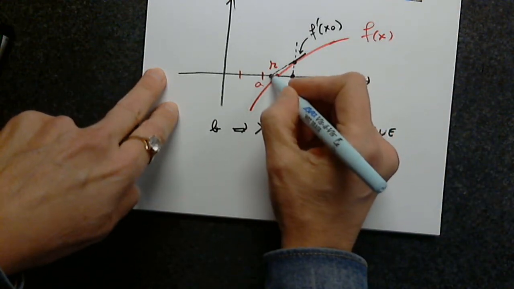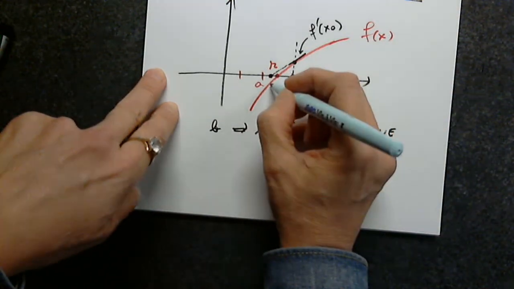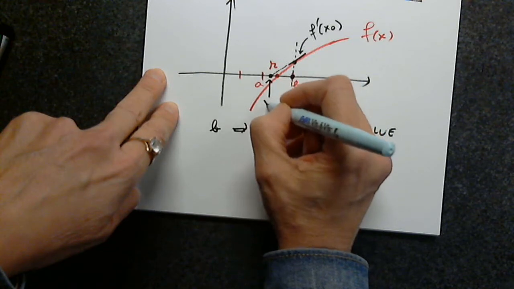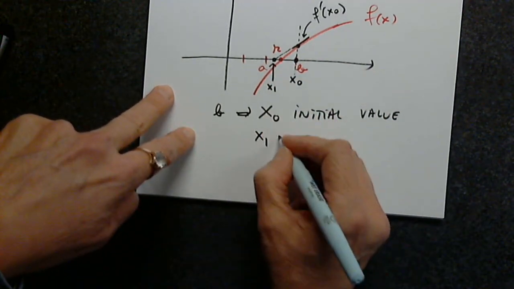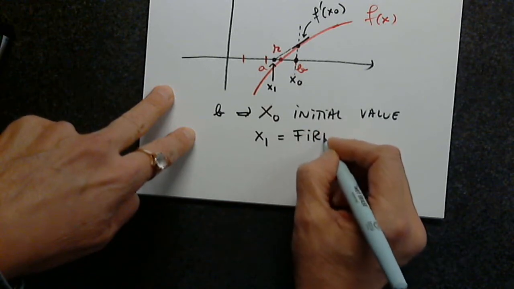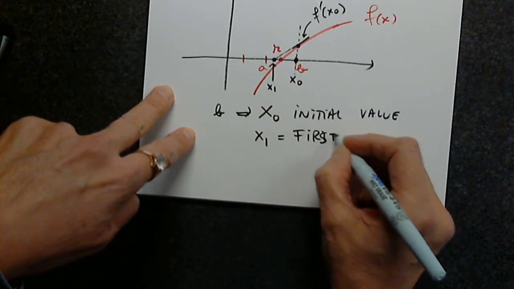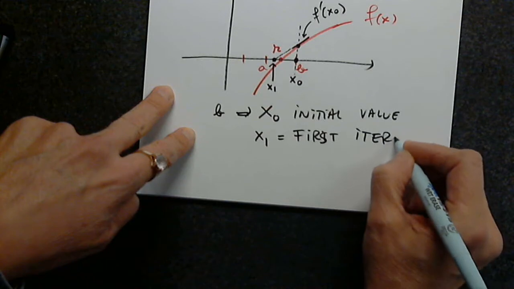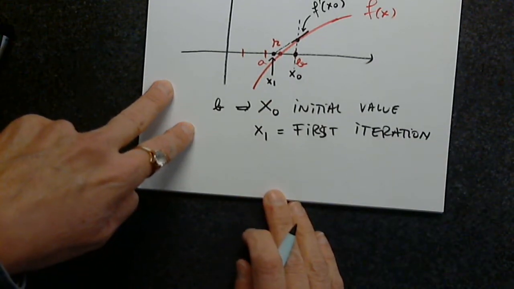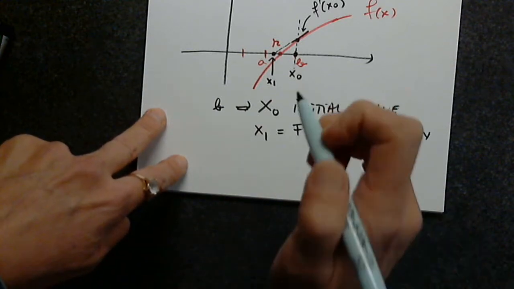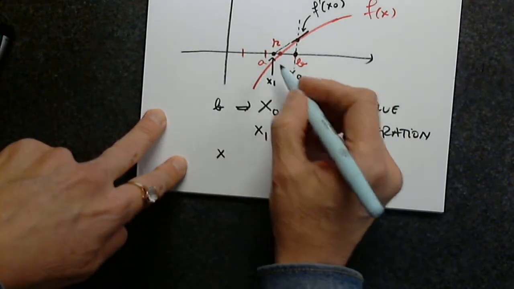Now, I am going to denote this point by x1, the x value, and I am going to call it the first iteration. Can anyone give us the coordinates of this point?